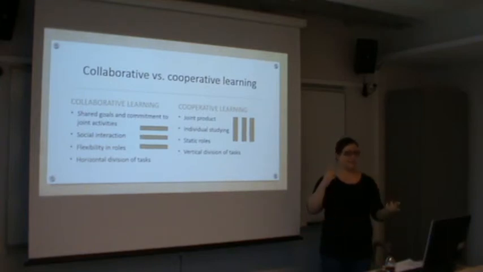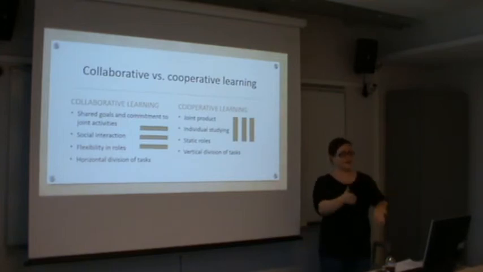So in many of these pedagogical models and methods, there are times for cooperation and times for collaboration, because it would be really time consuming and hard to do everything together and negotiate every single thing together.